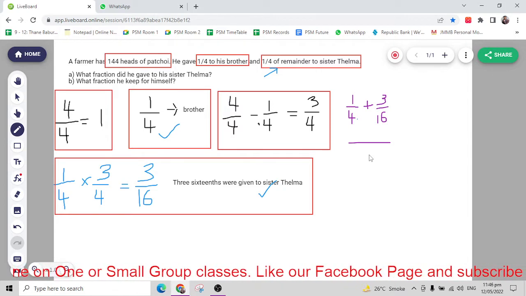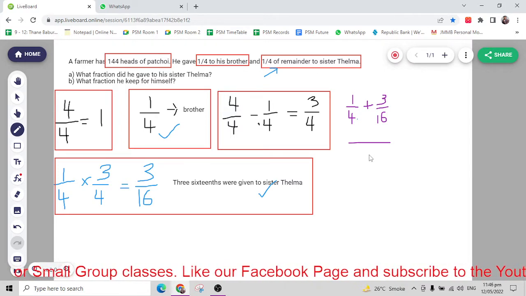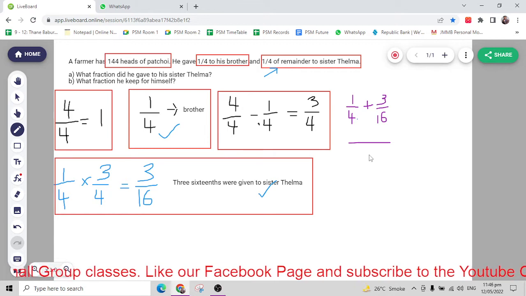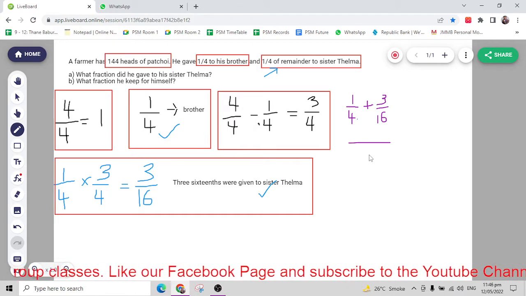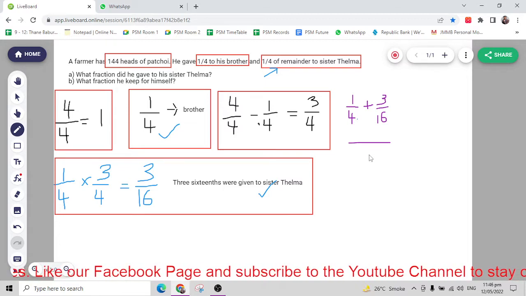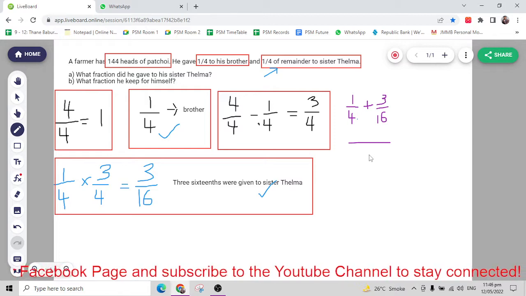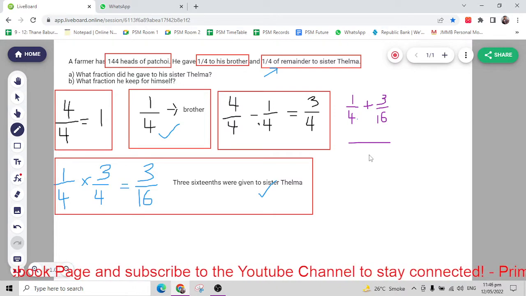When we find that fraction, we can get the remainder for the farmer himself. I'll say that one more time. We are calculating the fraction that was given away to others, and then we can calculate what fraction remains with the farmer in this case.